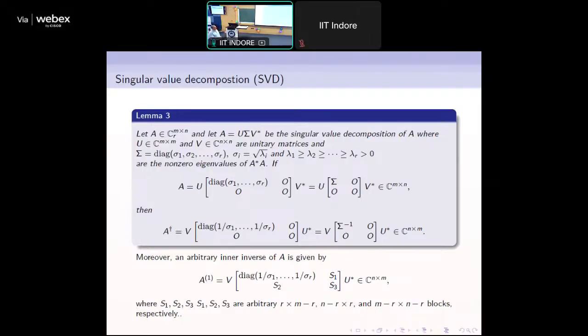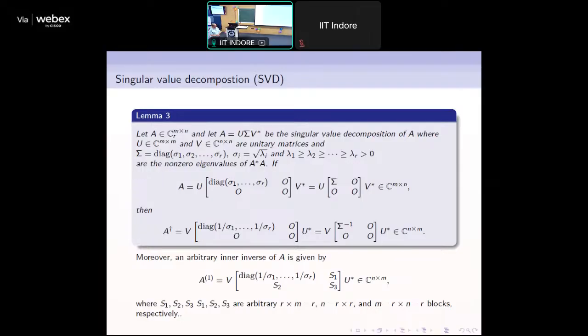This diagonal matrix is denoted sigma to the power minus 1. This is a very important and most frequently used representation for computing the Moore-Penrose inverse. And there are similar representations for other kinds of G inverses.